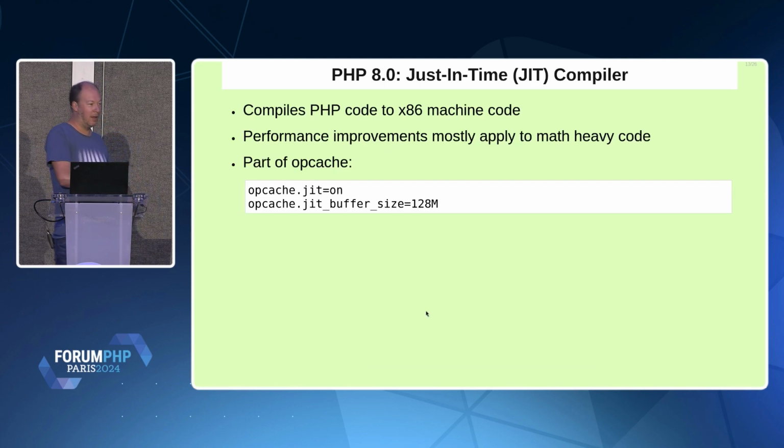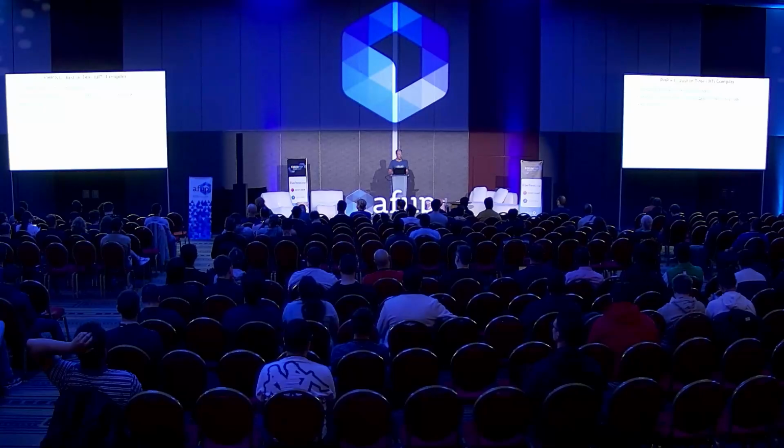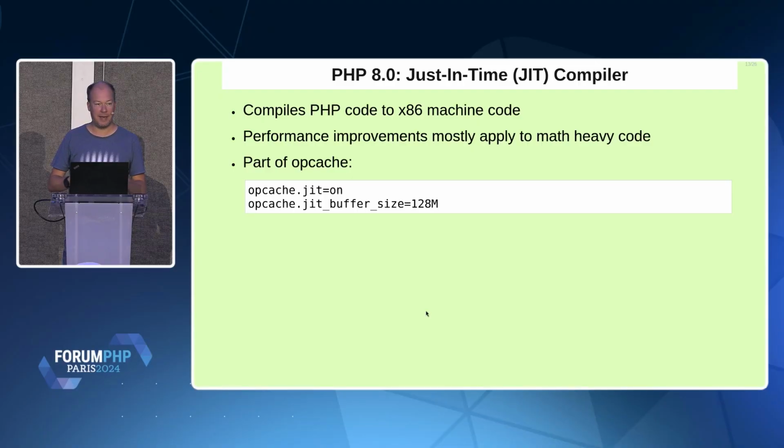All right, moving on. PHP 8.0 was basically PHP 7.5, but renamed to PHP 8.0 because we got this just-in-time compiler. It's a way of being able to speed up PHP to run directly on CPU code or machine code.